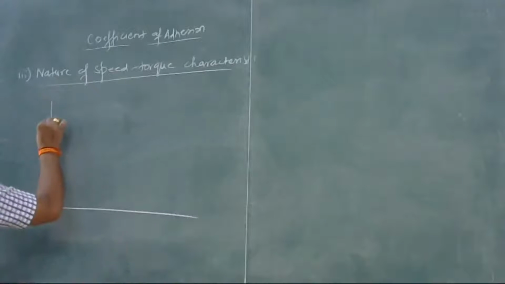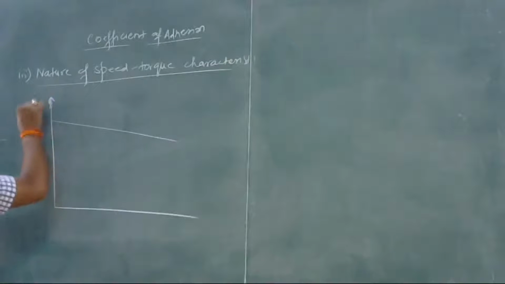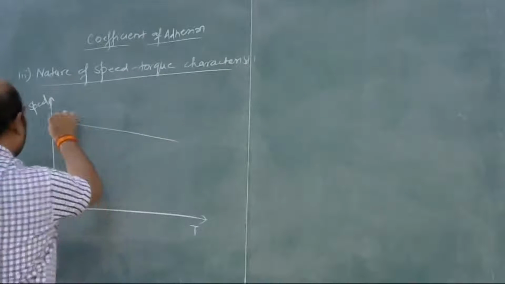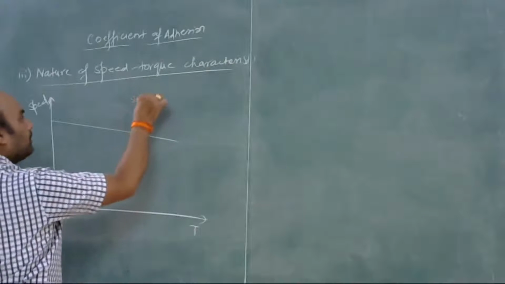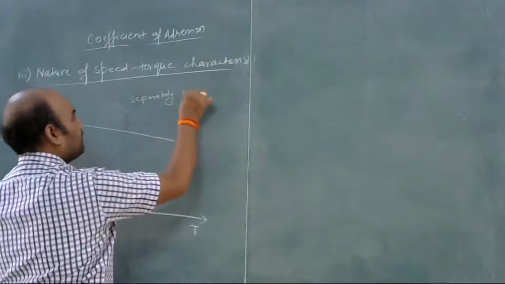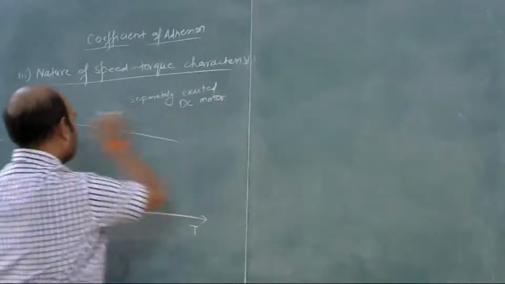Okay, so let's suppose a motor whose torque speed characteristics is like this. Okay, this is the speed and this is torque. So this curve is quite similar to the separately excited DC motor, where speed regulation is very low.